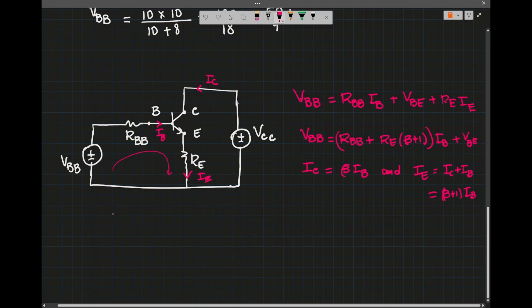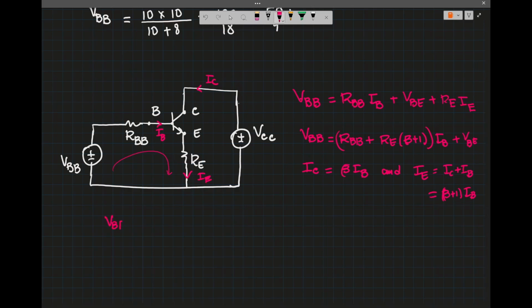So we have VBB minus VBE equal to RBB plus RE times (beta plus 1) IB.